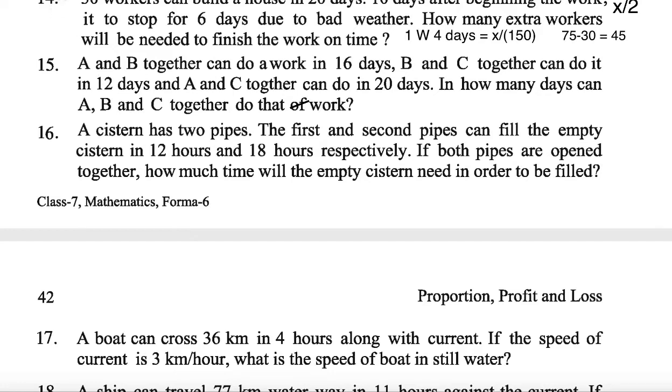Okay, let's see A and B. Let's formulate an equation. If A and B can do a work in 16 days, so A and B together in one day, how much portion of work can they complete? X by 16.